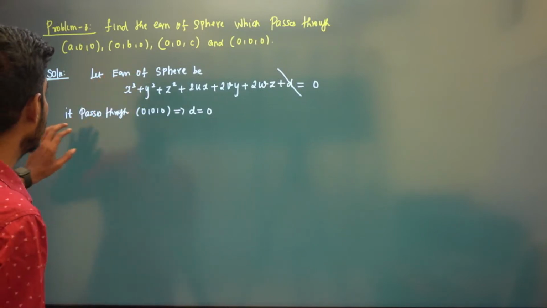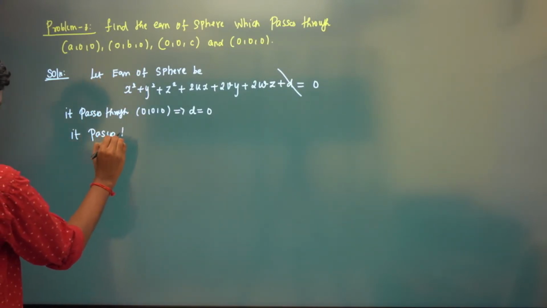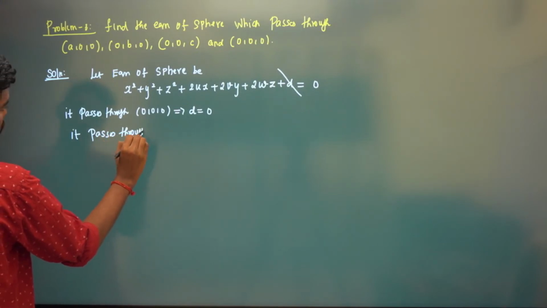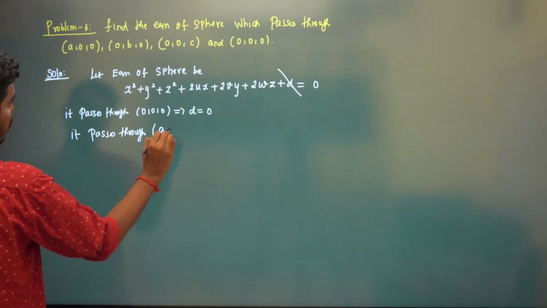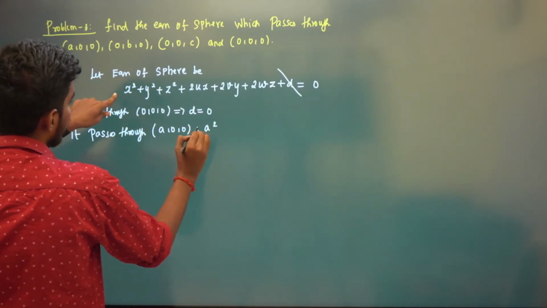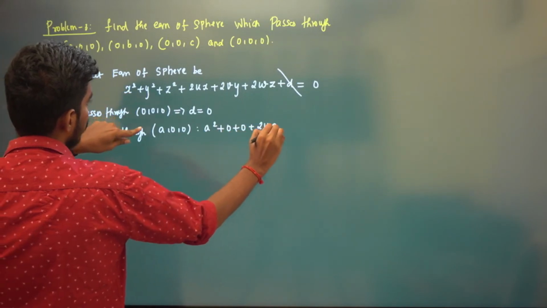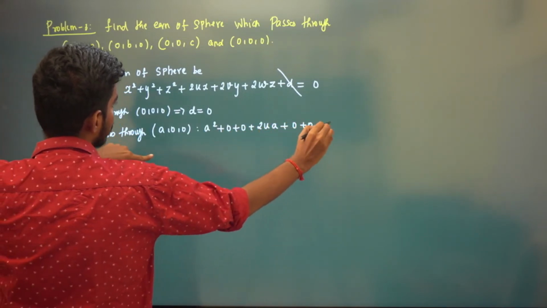Now it passes through a comma 0 comma 0. So substitute this here. So you will have a square plus 0 plus 0 plus 2ua plus 0 plus 0 is equal to 0.